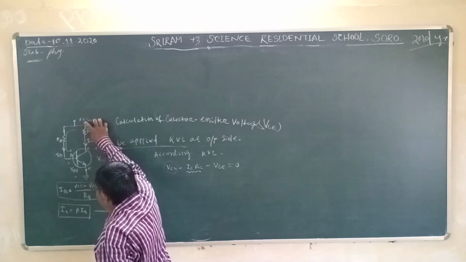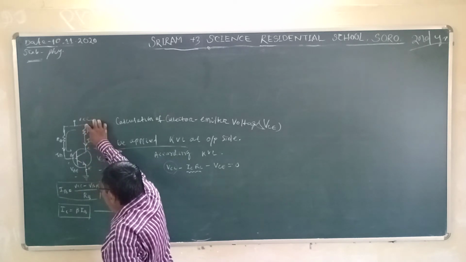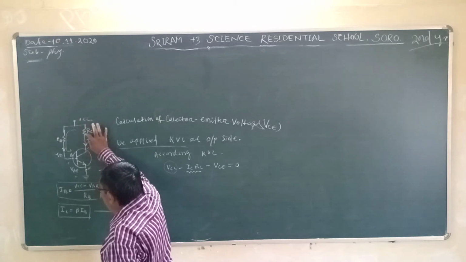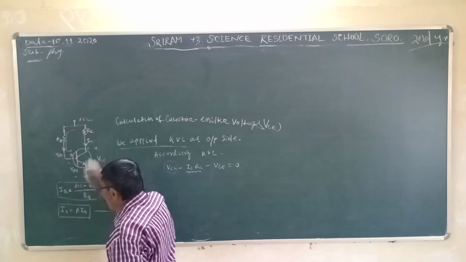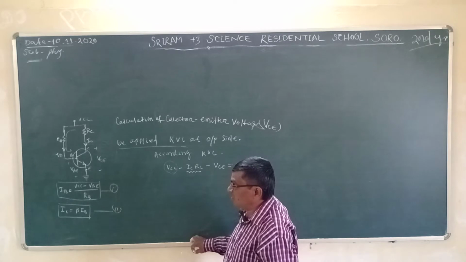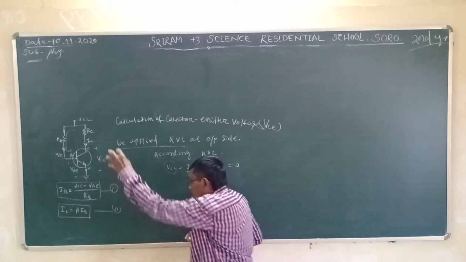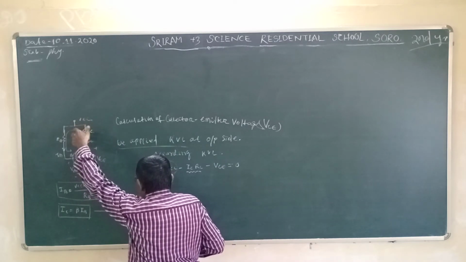When current IC passes through the collector circuit, through the resistor RC, there will be some voltage, the dropping voltage known as IC into RC. This IC RC at the output side is the drop voltage.